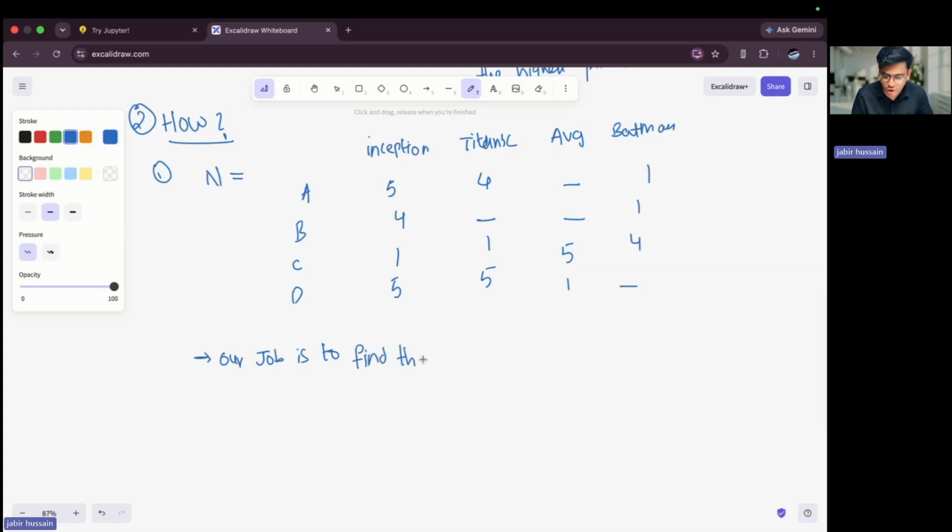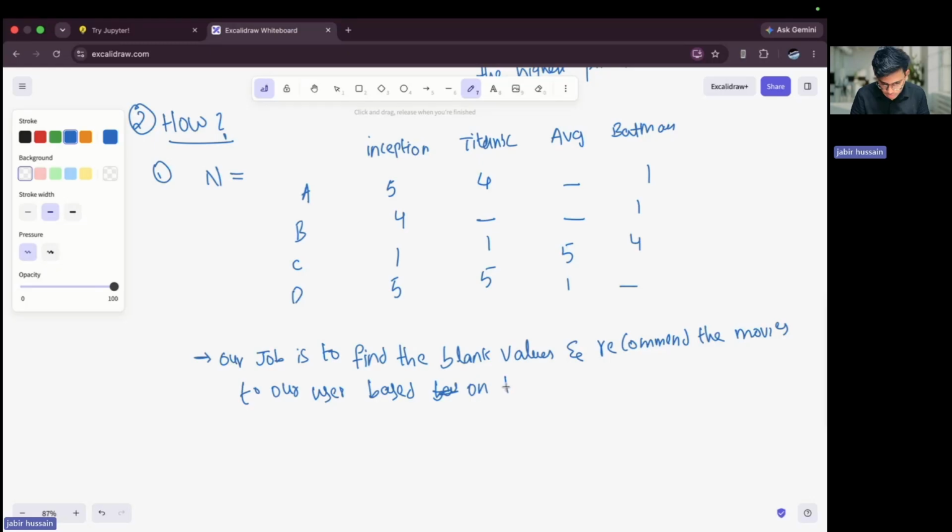That is the main job that we have to do: find the blank values and recommend the movies to our users based on the predicted values. That is our main goal. This is our problem statement.